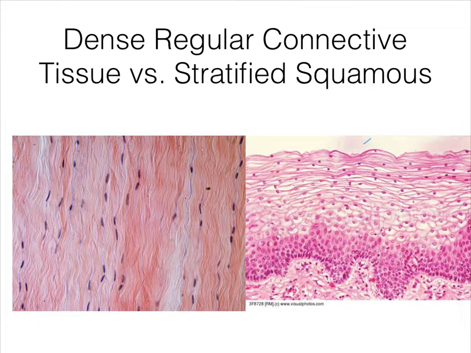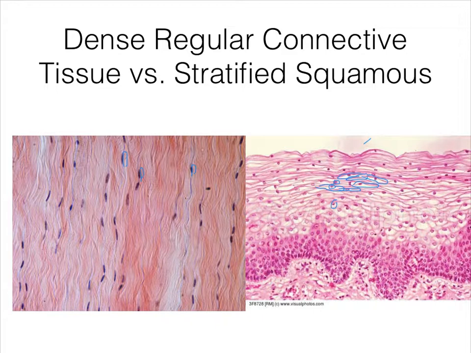You can also recognize it because if we outline the cells here, you will see that the cells tend towards being flat, but they're densely packed with each other, and each cell has a sort of round nucleus in it. If we look at the dense regular connective tissue, what we can see is that the nuclei, the dark stained portion, is flat, but they're dispersed.